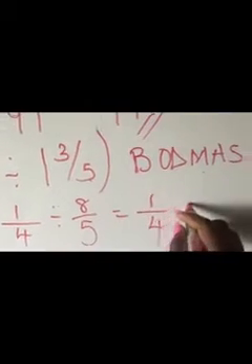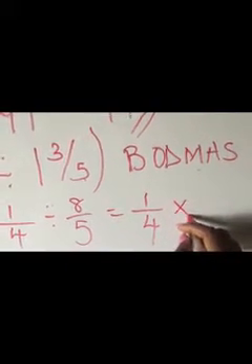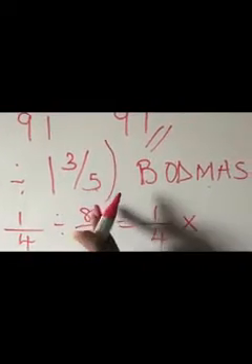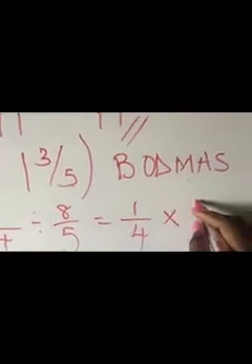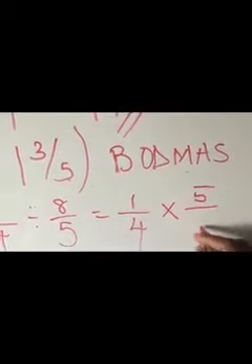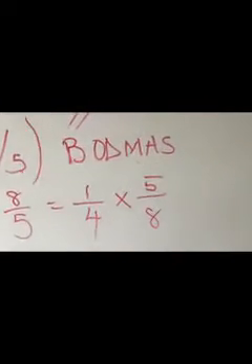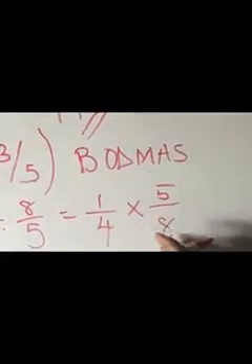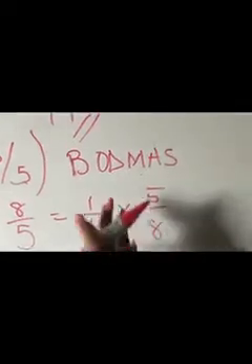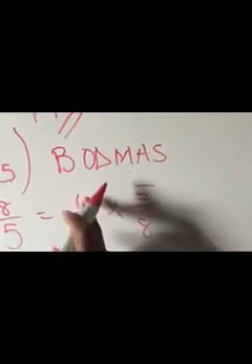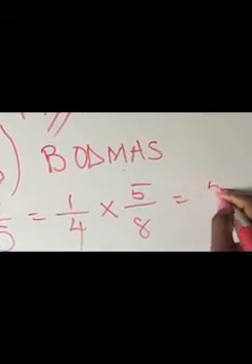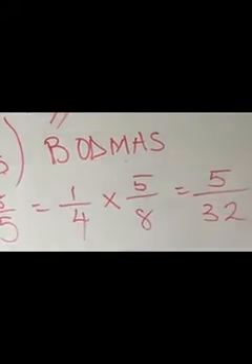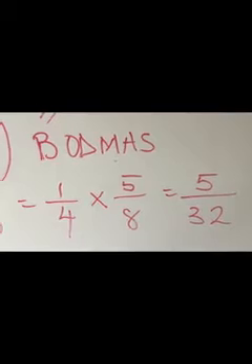For this, the division turns to multiplication, that's whenever you see a division, and then the denominator becomes the numerator. So 5 comes up and 8 goes down. Nothing can divide in this case. So we just leave it at 1 times 5 is 5, over 4 times 8 is 32.